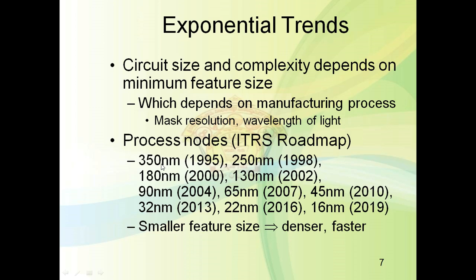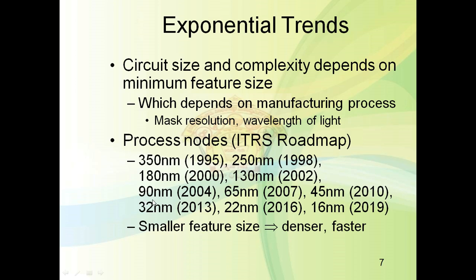If we go on reducing the mask resolution and the wavelength, then we can go for smaller sizes. Nowadays we start with 350 nanometer technology, then the feature size keeps reducing: 250 nanometer, 180 nanometer, 130 nanometer technology.